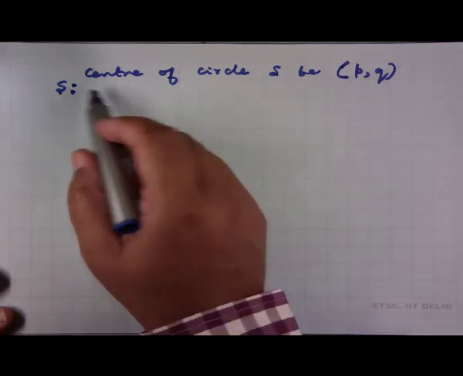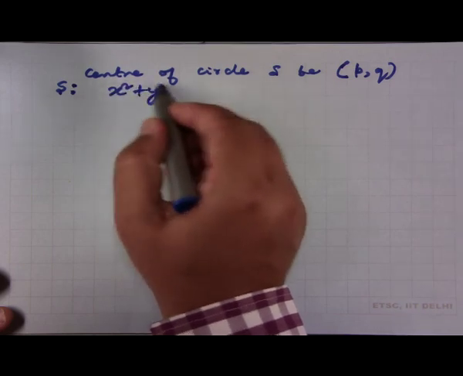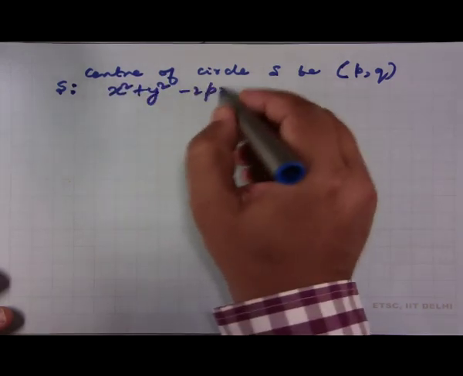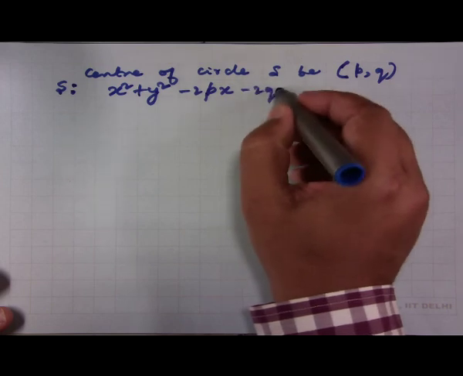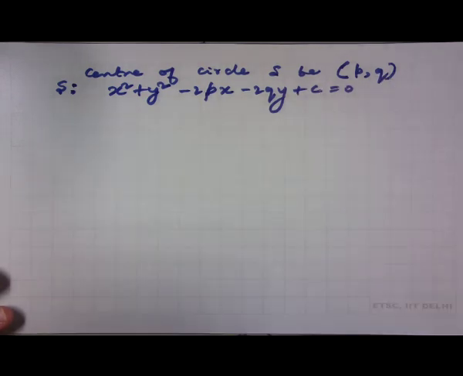then the equation of this circle S will be x square plus y square minus 2px minus 2qy plus c equals 0.